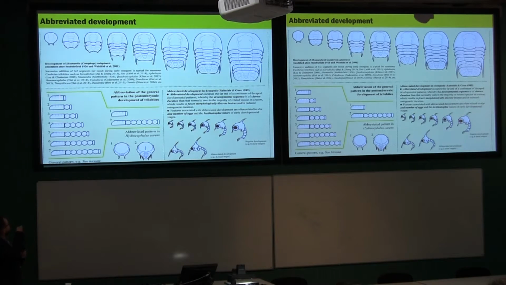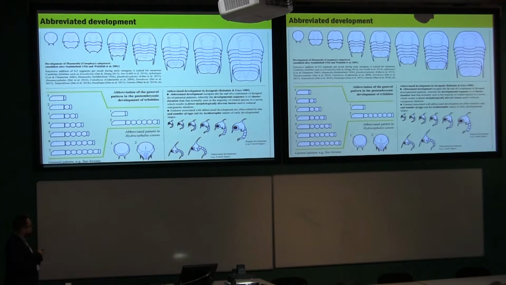So the general pattern looks like that: you have the first stage, then the second stage with 2 segments, then with 3, with 4, with 5. But in Hydrocephalus, and also to some extent in Eccaparadoxides, you have a first stage which has just 1 postcephalic segment, and then the second one which has 7 segments.